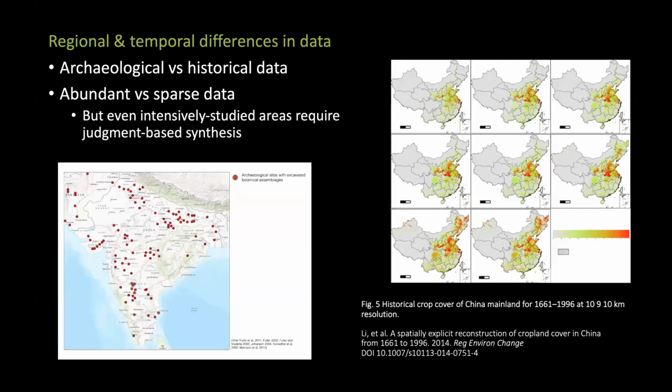And so, as I said, the regional variability and temporal differences in published archaeological data sets is really fairly dramatic. We're trying to incorporate archaeological data and historical data, and those can be of very different scales of information. And then regionally, you get really dense quantities of published sites and dates and specialist analyses that help inform this.